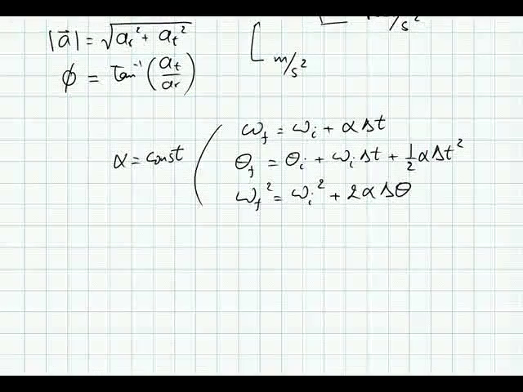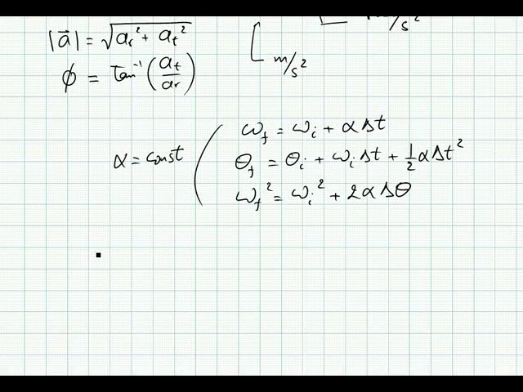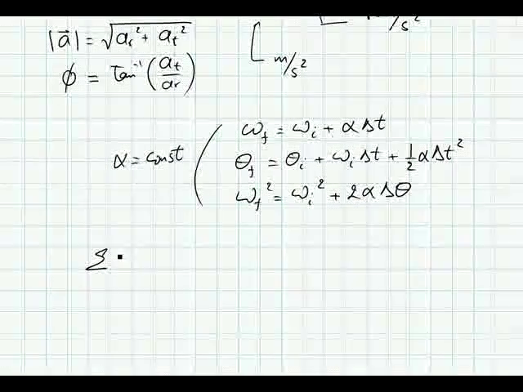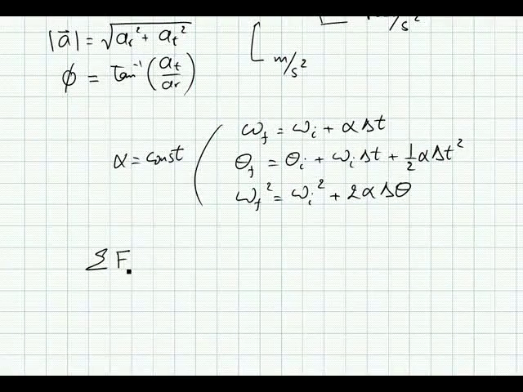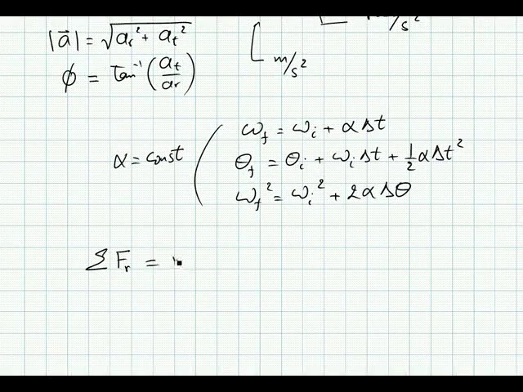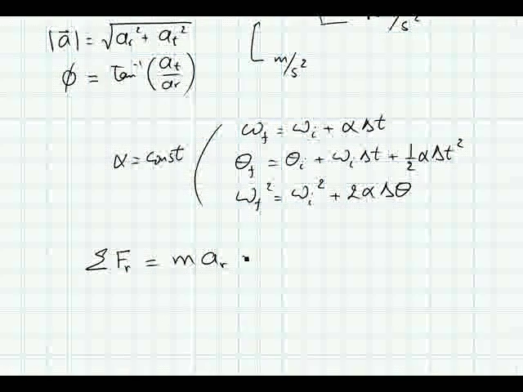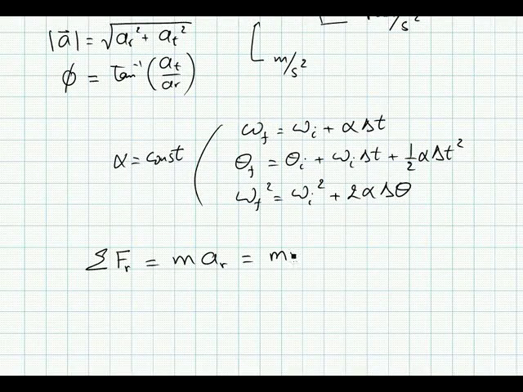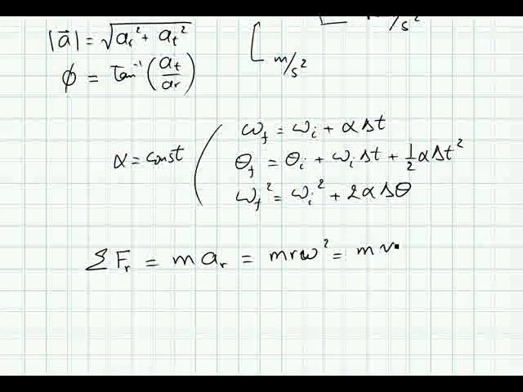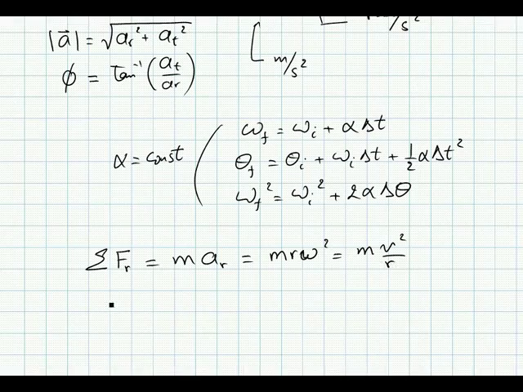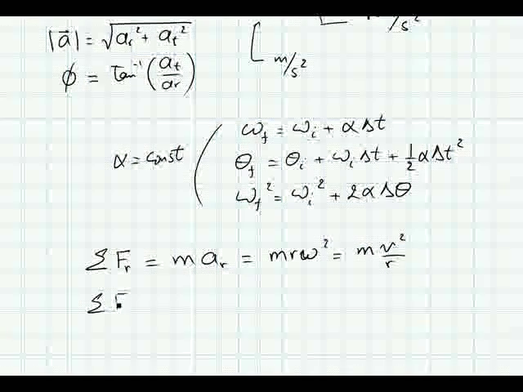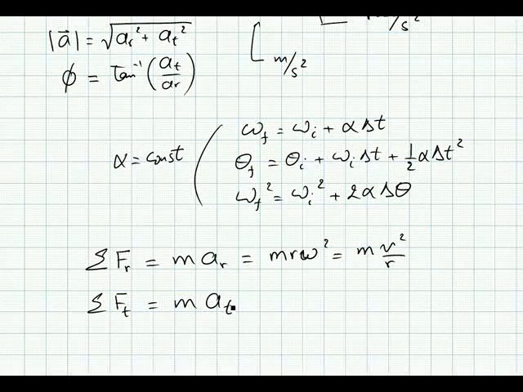You can also apply Newton's laws when you do your free body diagram. Work out the net force in the r direction. That must equal mass times acceleration in the r direction, which is m r omega squared, or m v squared over r. The sum of the forces along the tangential direction is equal to mass times a_t.